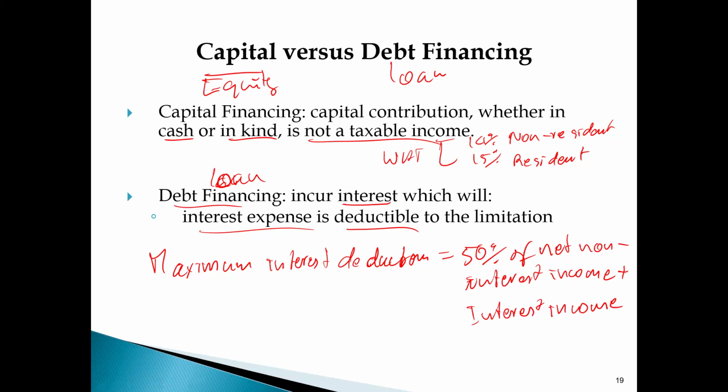Another one I just want to remind you also has a limitation, which is the charitable contributions. The maximum charitable contribution deduction equal to 5% of profits before deducting the charitable contribution.